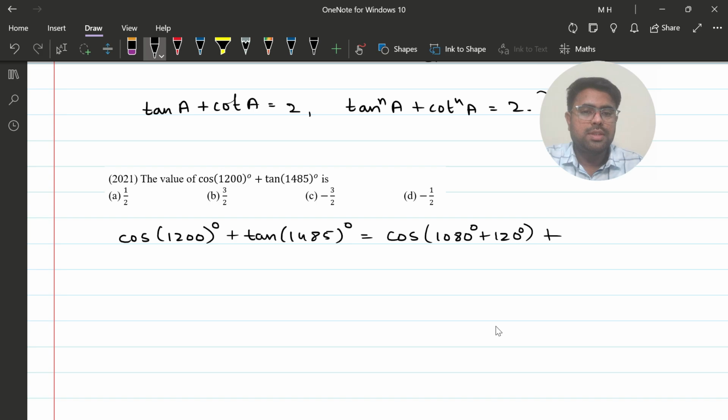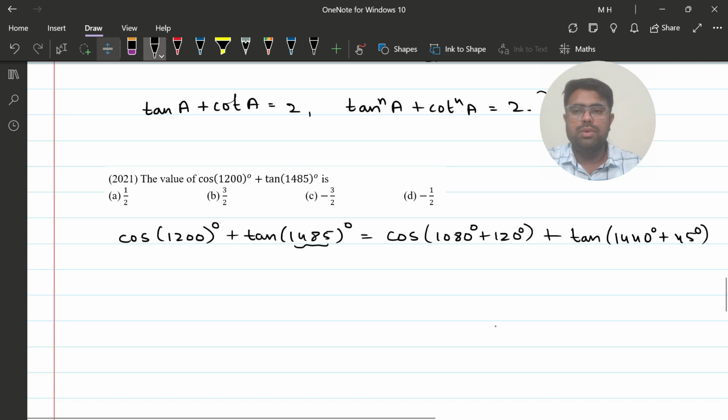The total is 1200. Plus tan of this 1485. 360 plus 360 is 720. 720 plus 720 is 1440. 1440 plus 45 degrees is going to be 1485.